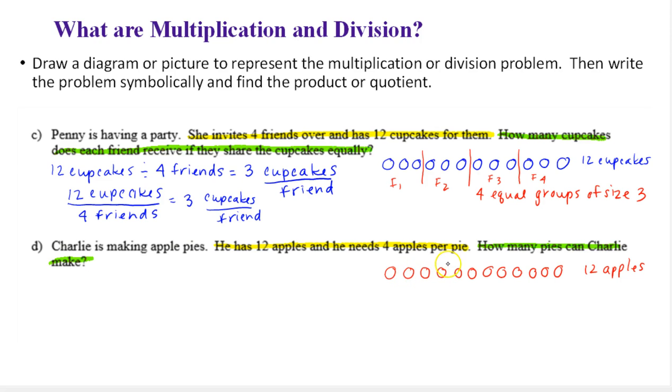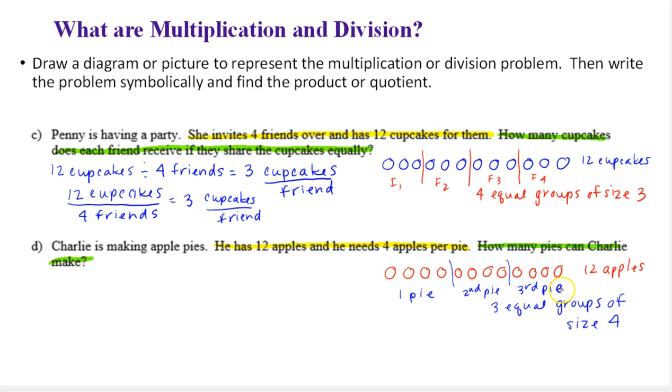I could just count 4s. 1, 2, 3, 4. And notice I get 3 equal groups of size 4. And these 4 apples will be for our first pie, this is our second pie, and this is our third pie.